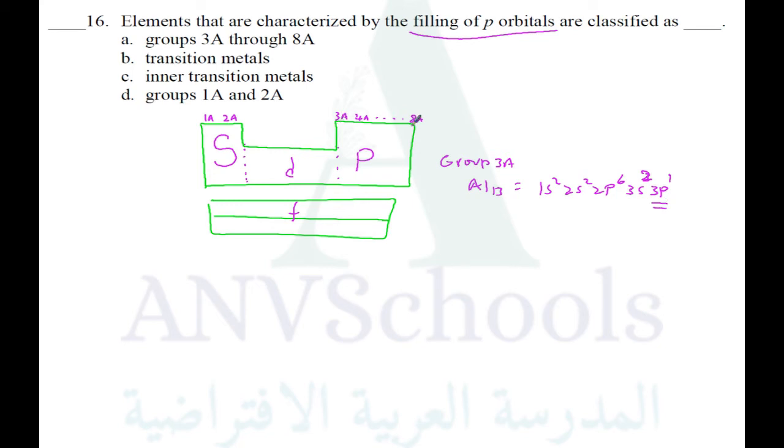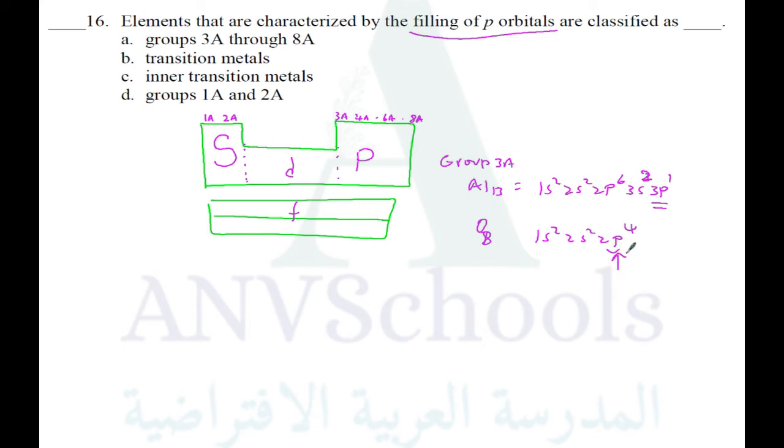Let's take one in the middle, like from 6A, oxygen. Oxygen is 8. It has 1s2, 2s2, 2p4. So it's characterized again by filling the p orbital, so the last electron goes to the p orbital.